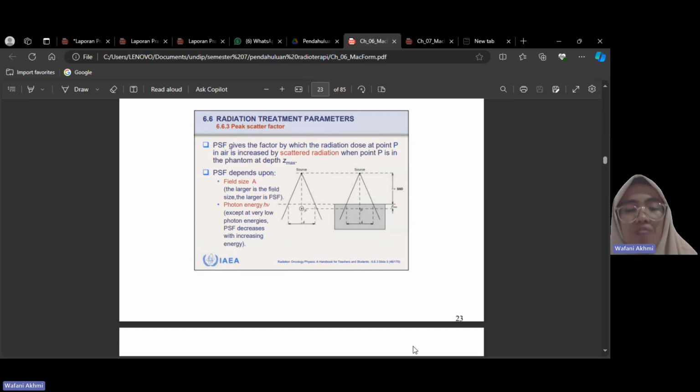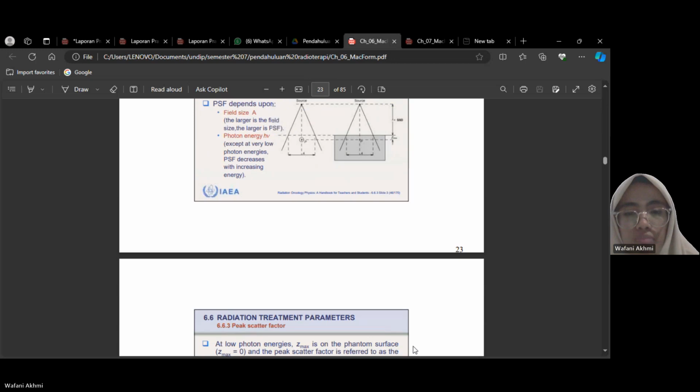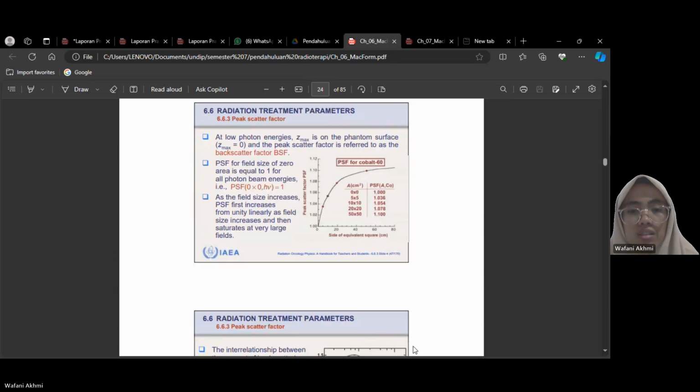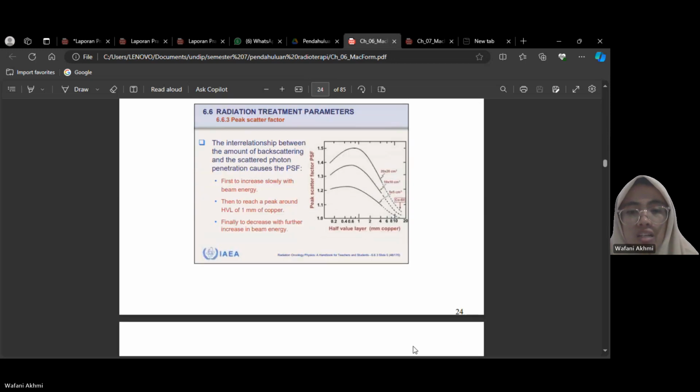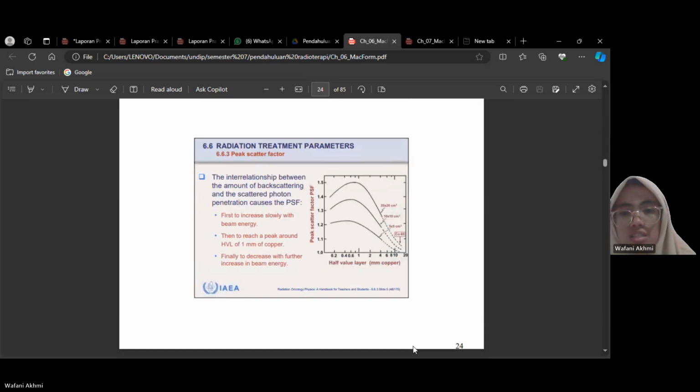PSF depends upon field size A and photon energy HV. This is the graphic of peak scatter factor.